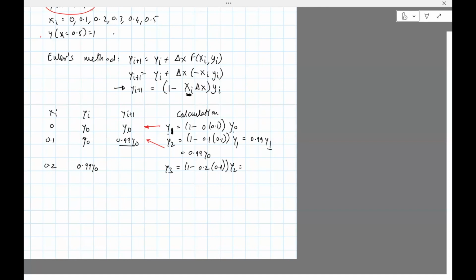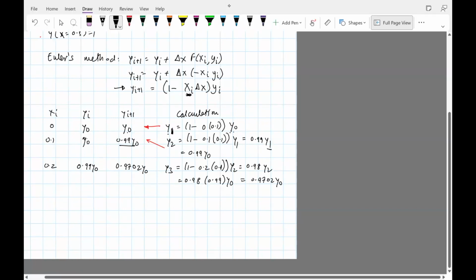So this is 1 minus 0.02, so 0.98 y2. But y2 is 0.99 y0. So this comes out to be 0.9702 y0.